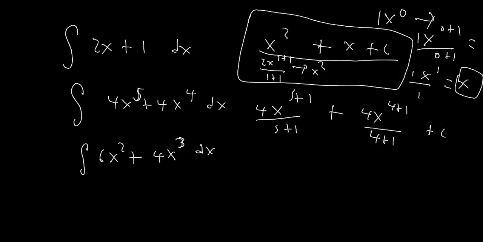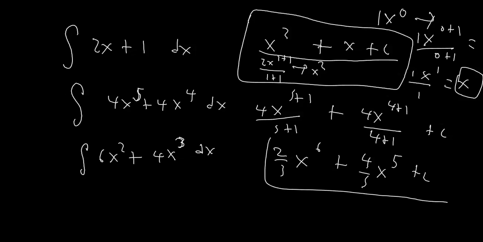And then this becomes 2/3, since 4 divided by 6 can be simplified to 2/3. And that's your answer right there. And again, you do the same thing here. 4 over 5 times x to the 5th power and plus c. That's your answer right here.